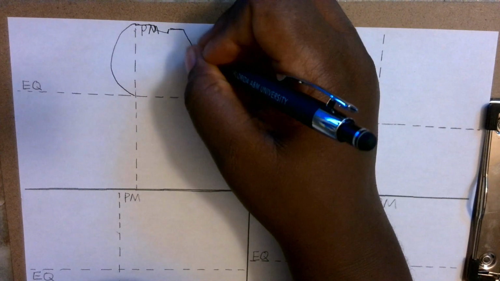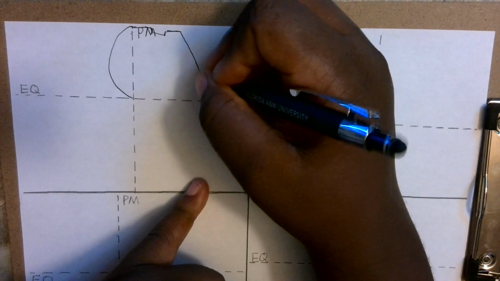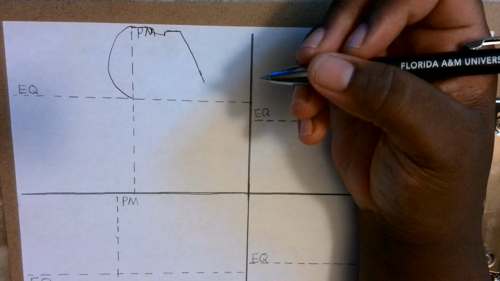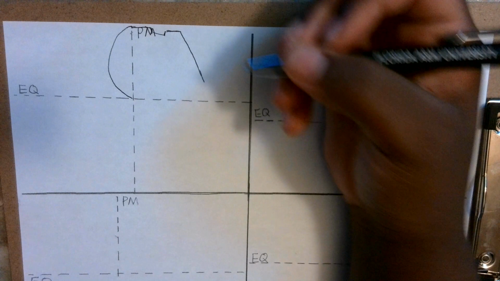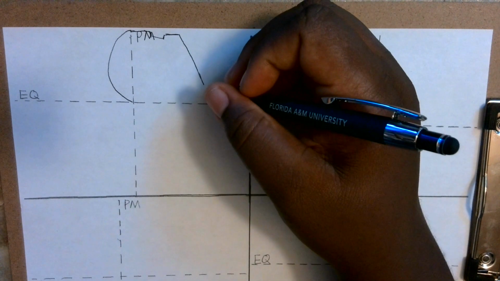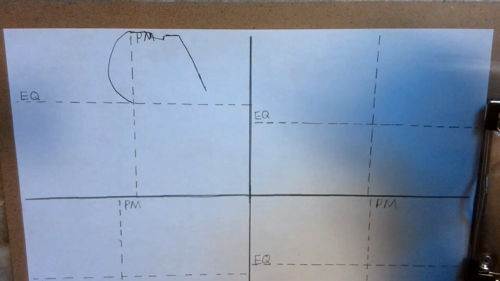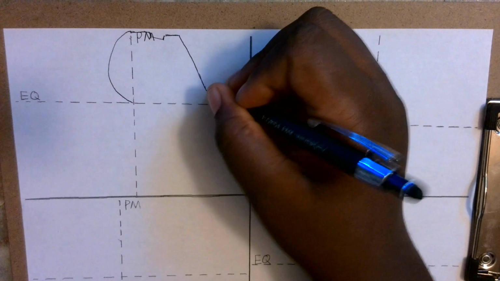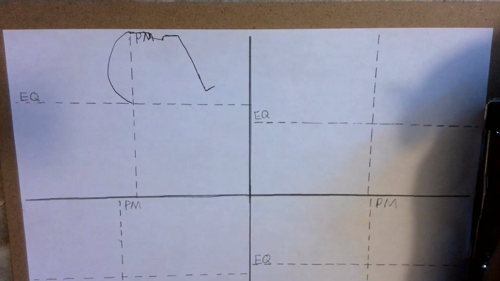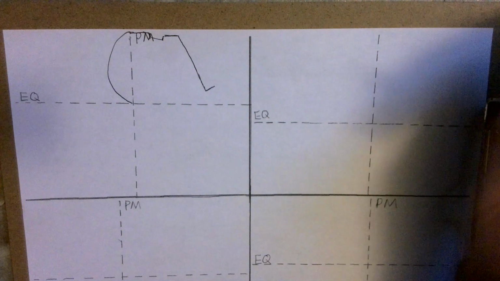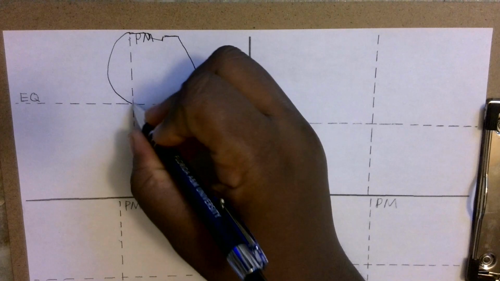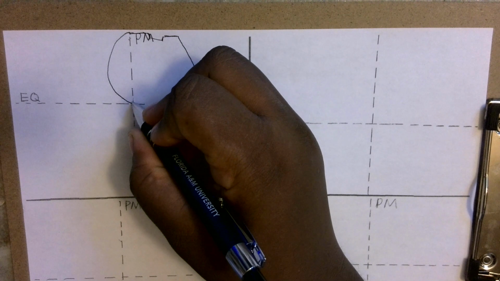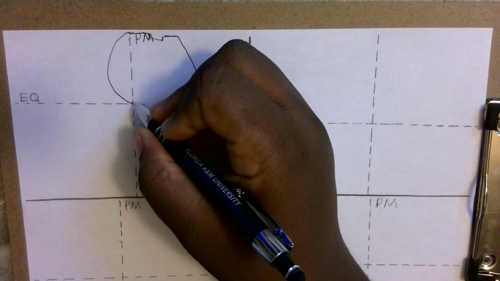And then I have this backwards check that comes down, and it comes down close to the equator, but not super close. So maybe about there is good. And then there's the check.